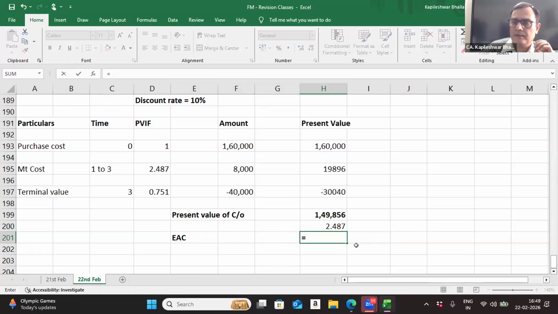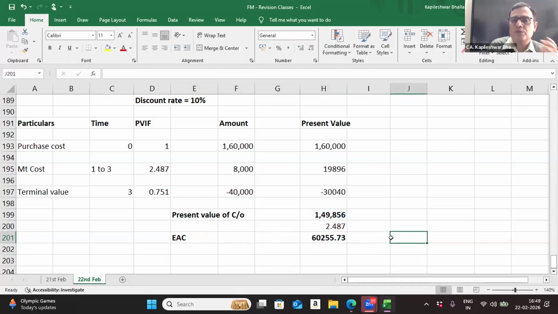So we'll get this total value divided by the factor, and that comes to 60,255. Okay, so I think this takes care of the first requirement if you replace it after a period of 3 years. I'll just make the check on the answer as well. So if you replace this, I think that is perfectly fine.